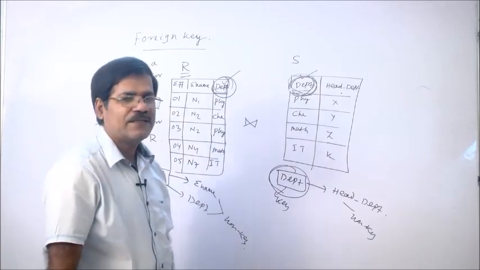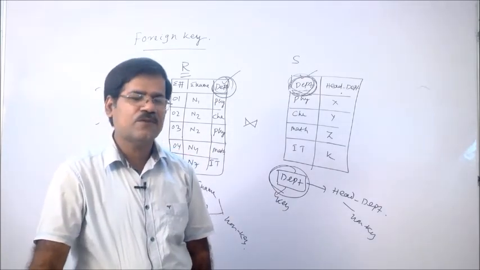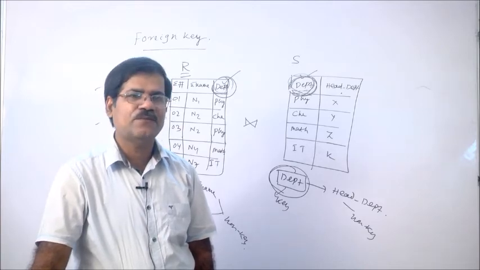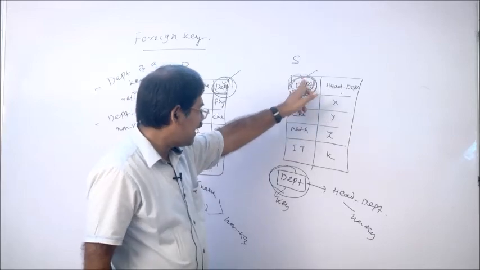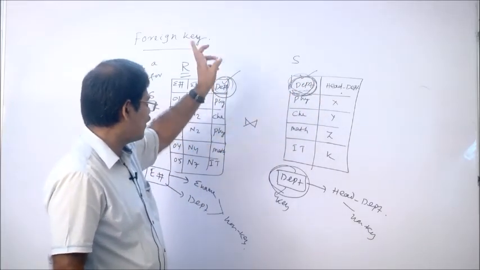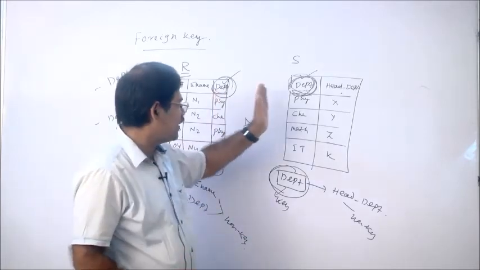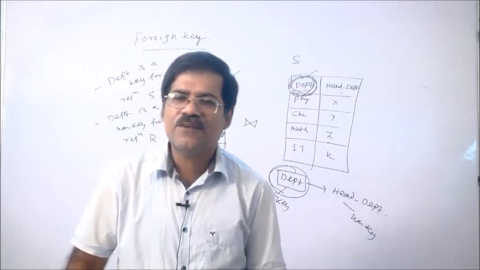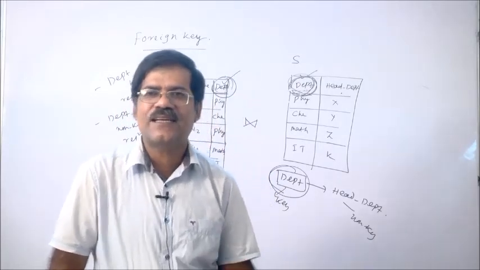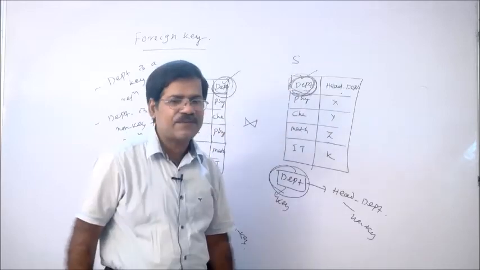Foreign key means what? Let R and S be two relations or two tables. The field or attribute which is a key for one relation and is treated as a non-key for another relation, where the two tables have some relationship, that is called a reference. One table having some reference to another means there is a relationship between the two tables.